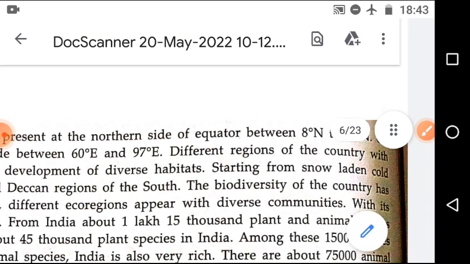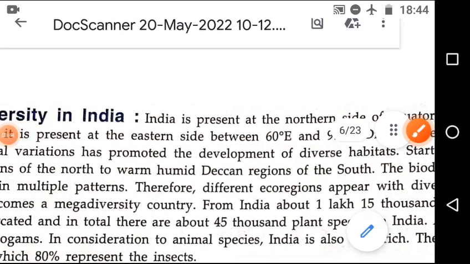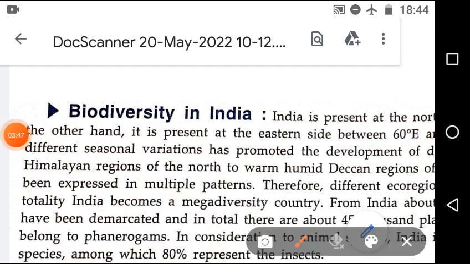Point to be noted: different regions of the country, with different seasonal variations, have promoted the development of diversity.